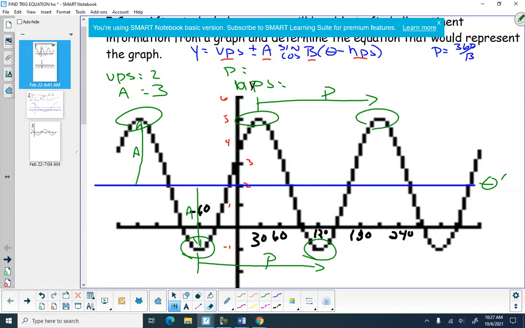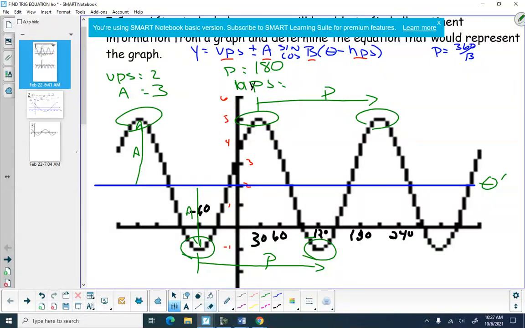How many degrees are we going to go from peak to peak or valley to valley? Brendan? 180 degrees. I have negative 60 here. I go to 120. Negative 60 to 120, that's 180 degrees. Or I go from 30 here to 210 over here. So the period is going to be 180 degrees.